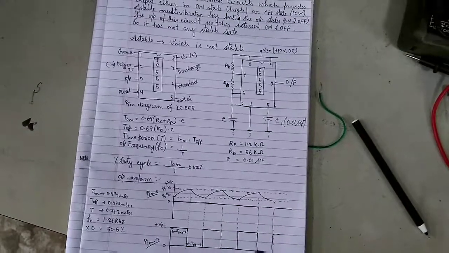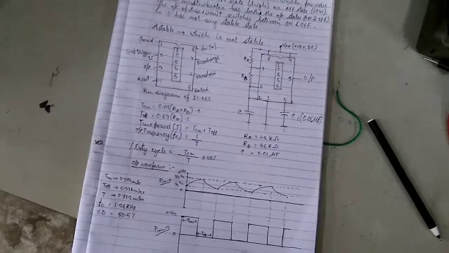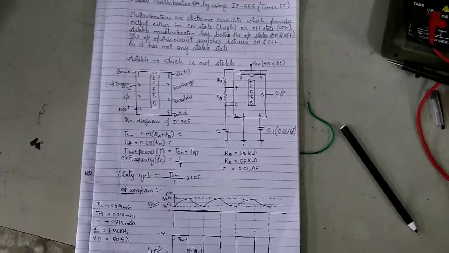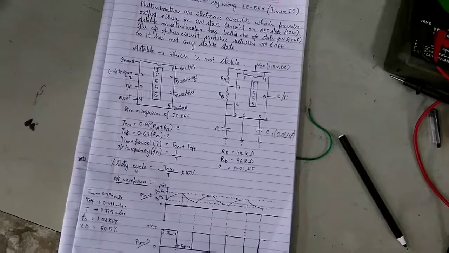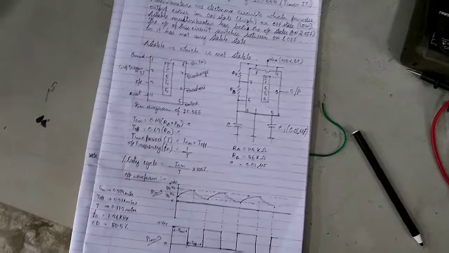And there is another use of the circuit. If you have done flip-flop circuits before in digital electronics, in a flip-flop circuit we need a separate input other than the digital input.